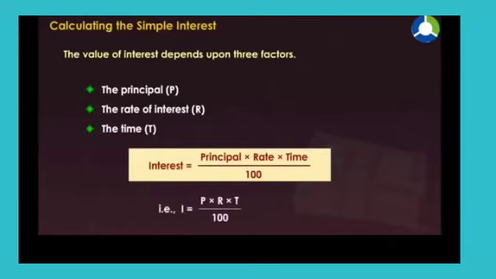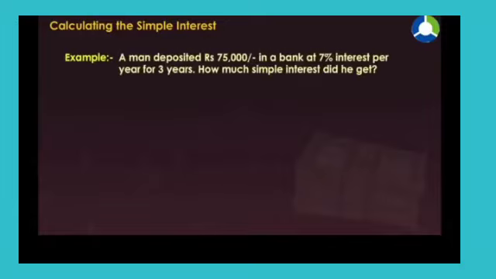That is, I equals P multiplied by R multiplied by T upon 100. Example, a man deposited rupees 75,000 in a bank at 7% interest per year for 3 years. How much simple interest did he get?